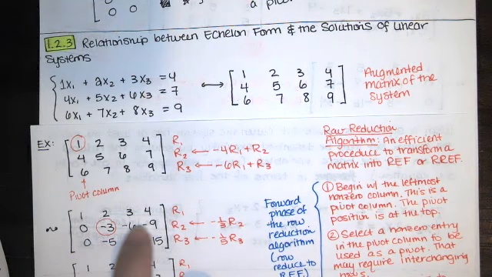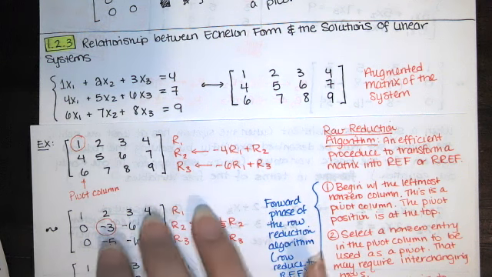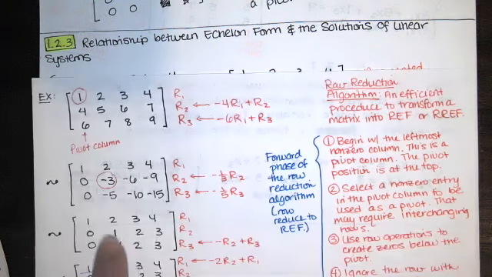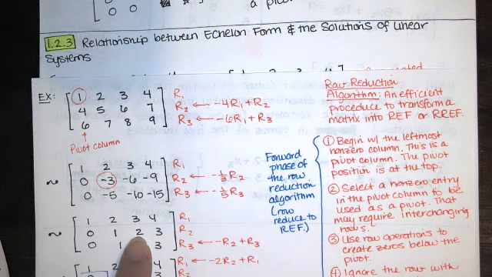When we get this row, we can interpret that row as an equation. This tells me that -3 times x sub 2 minus 6 times x sub 3 is equal to -9. And then if I take that equation and divide it by -3, I get this equation that says 1 times x sub 2 plus 2 times x sub 3 is equal to 3.